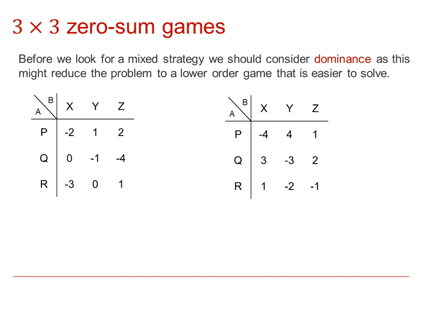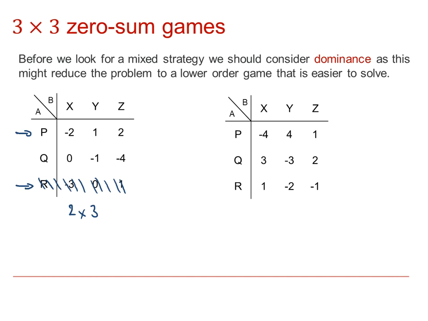So if you look at the one on the left here, you can see that R is always worse for player A than P. So if they played P, they're losing 2, or 3 if they played R while B is playing X. And it's true for all these different values, so -2 is better than -3, 1 is better than 0, and 2 is better than 1. So therefore we can say that P dominates R and we can ignore R. So we reduce it to a 2-by-3 game.